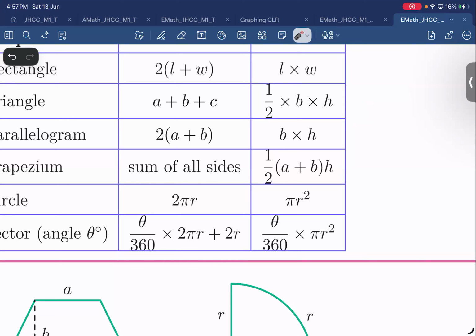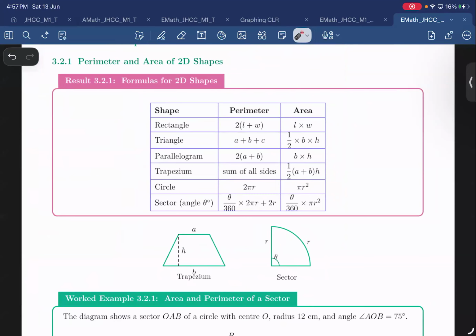The fraction it occupies out of 360 degrees is how much of it I want, so you divide by 360 degrees, then multiply by 2 pi r, the circumference. A lot of this can be easily memorized or derived.